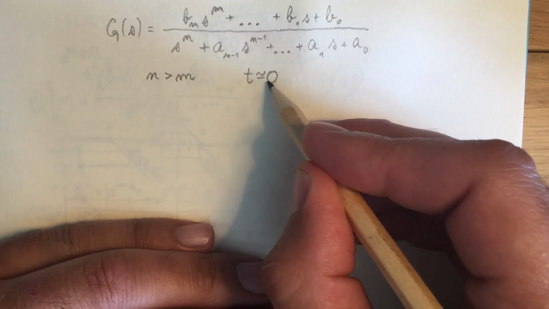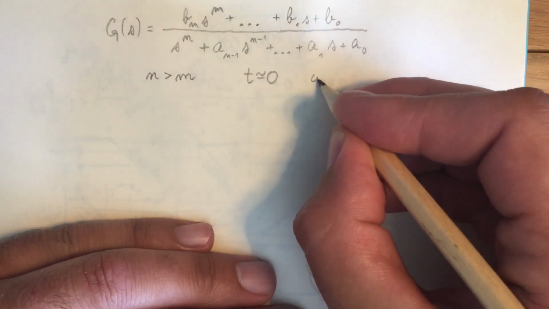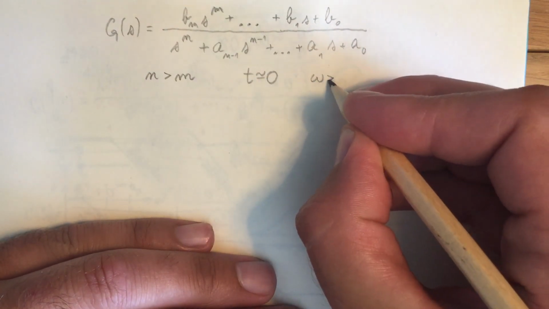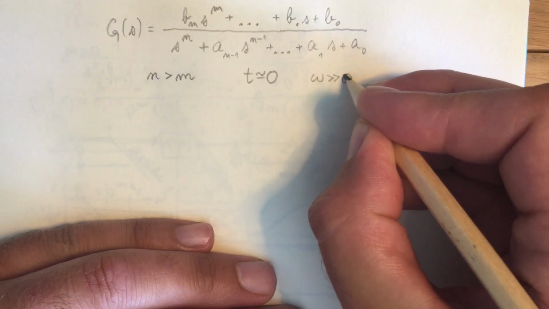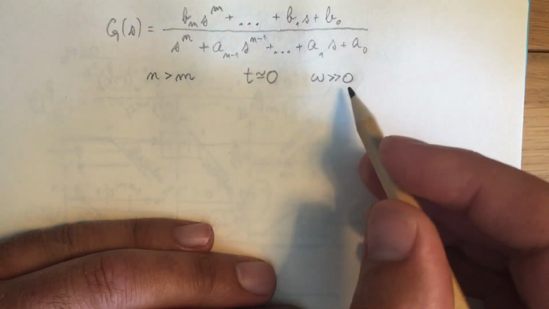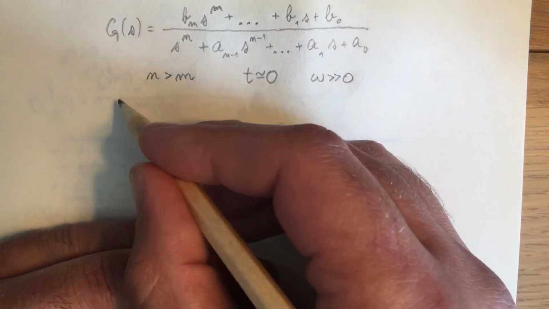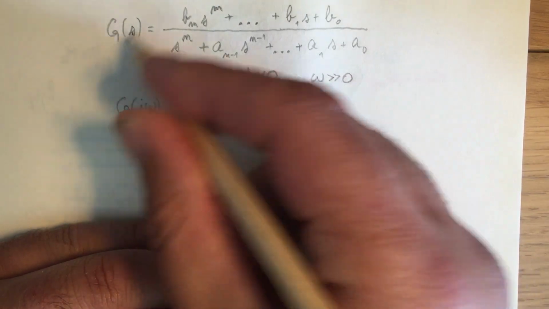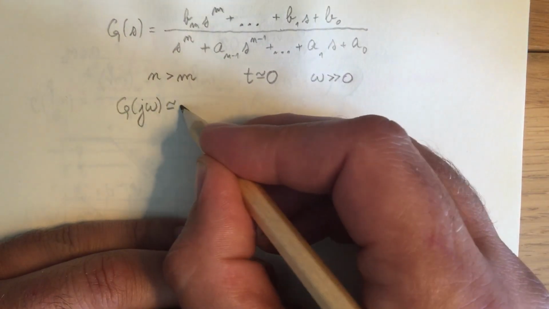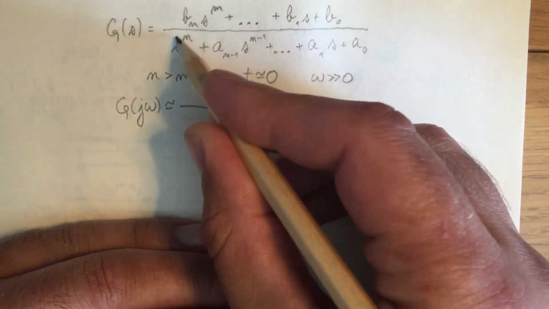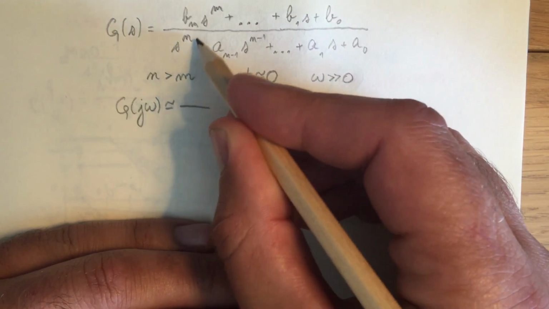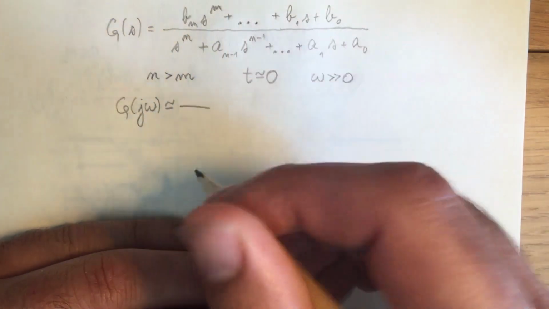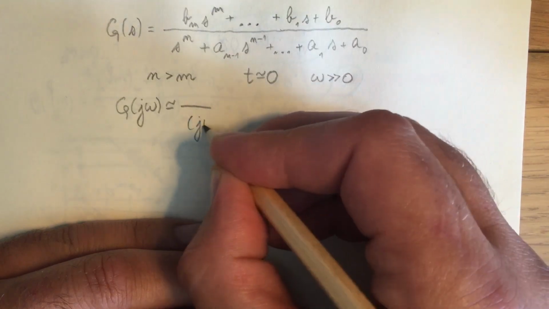If the time is very small, that is to say that the frequency is very large. If the frequency is very large, we can approximate the frequency response of this transfer function by the largest terms here in the denominator and the numerator.